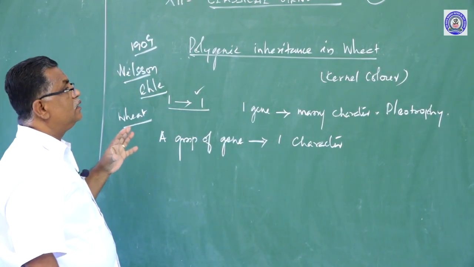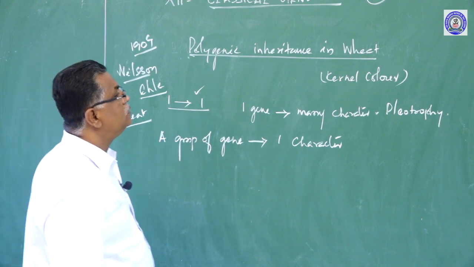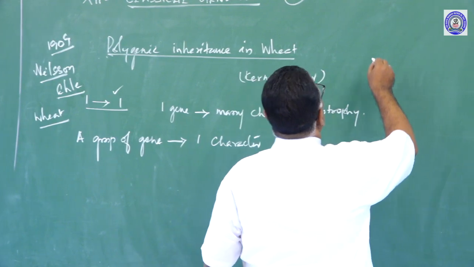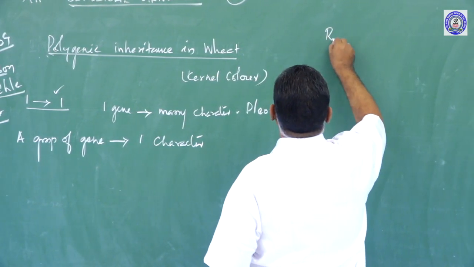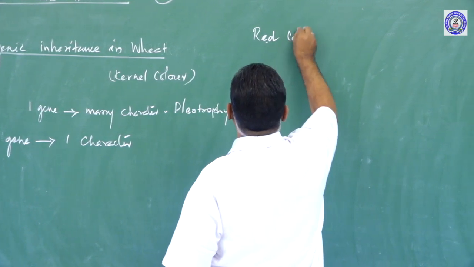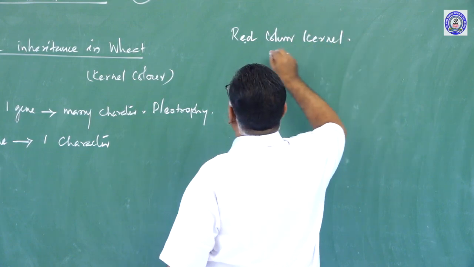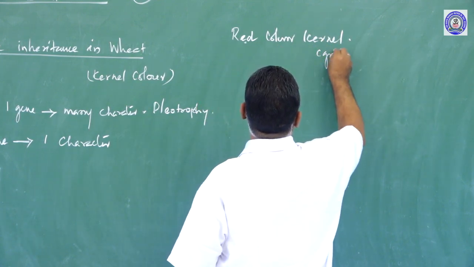And what are the implications made by him? He found the kernel color: red color grains, red color kernel. So, kernel refers to grains in wheat.